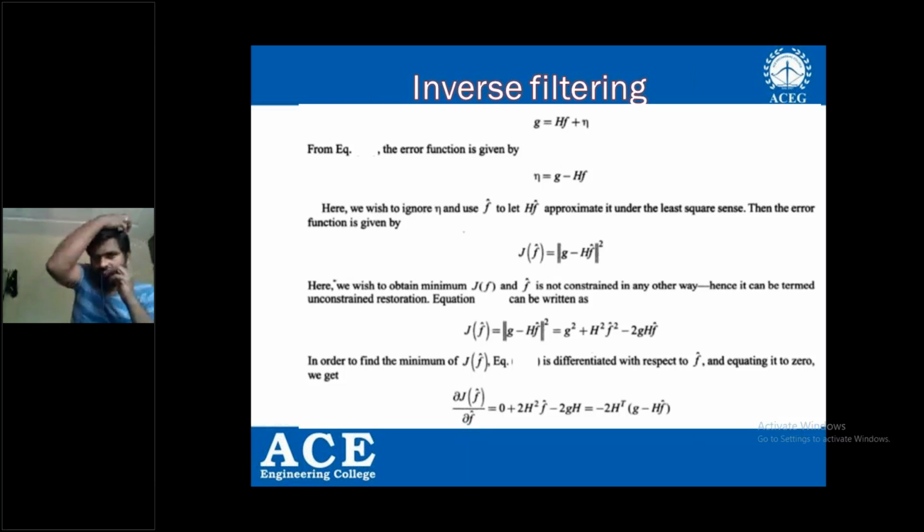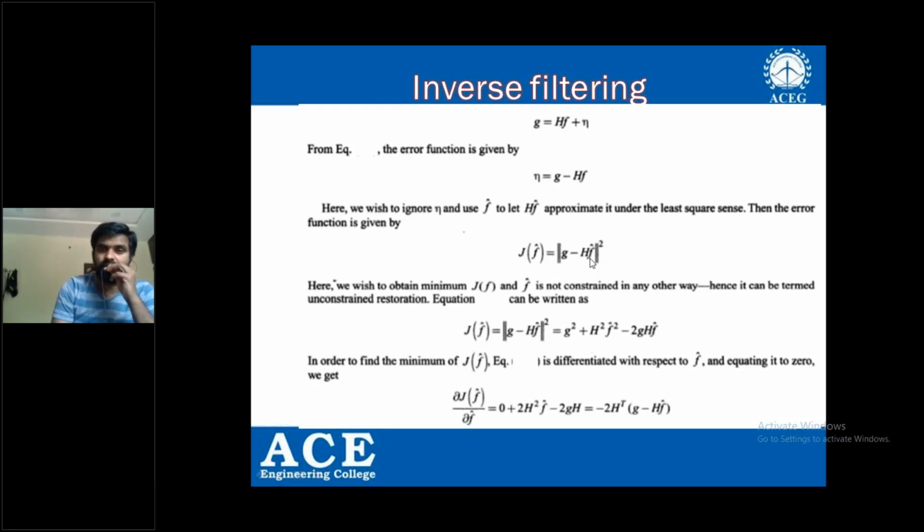Why? Because the error is calculated by using the estimation value. Is it right? So from this, n equal to G minus HF is the noise component. After the estimation, the function will be with F cap.